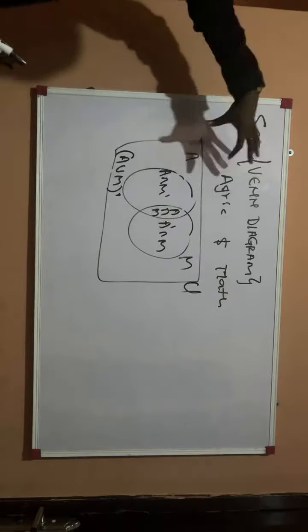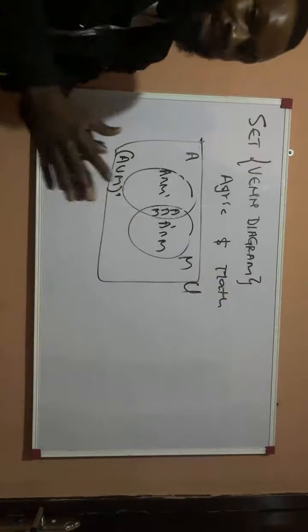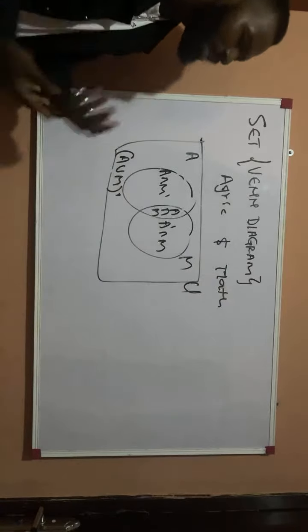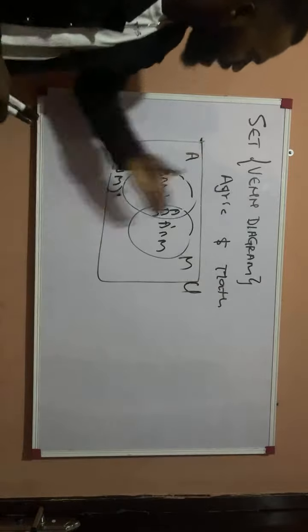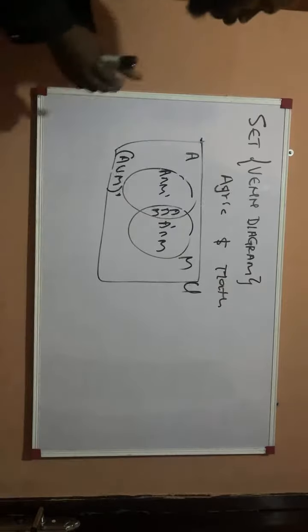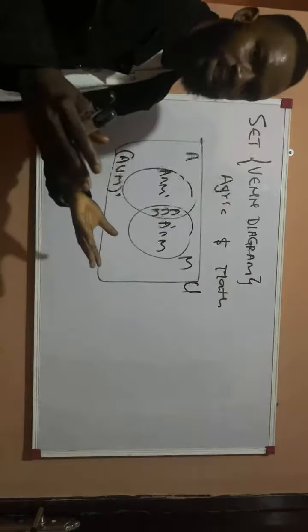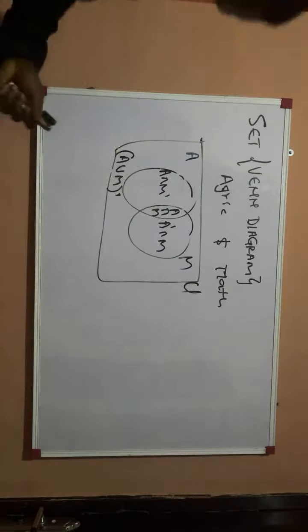Now this is for a two-subject combination having an intersect. Now what if we talk about a three-subject combination, for instance, Greek, mathematics, and maybe English. If we want to represent these three subjects in a Venn diagram, we are going to have something like this.